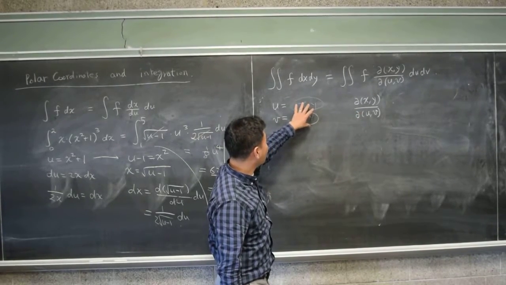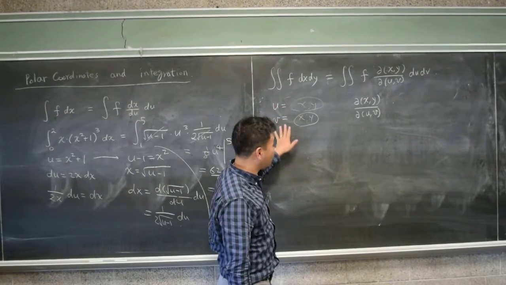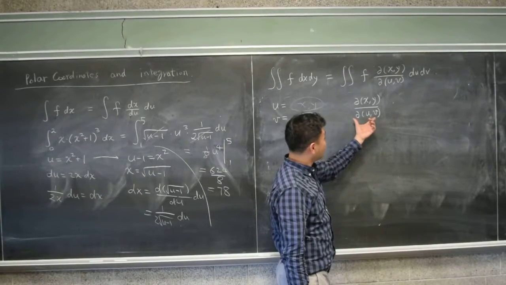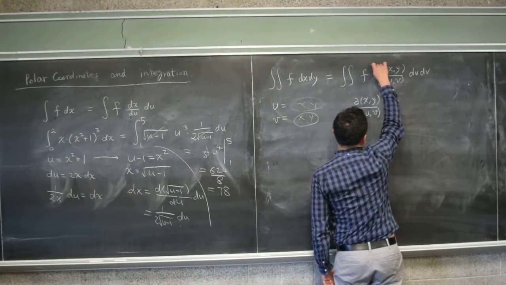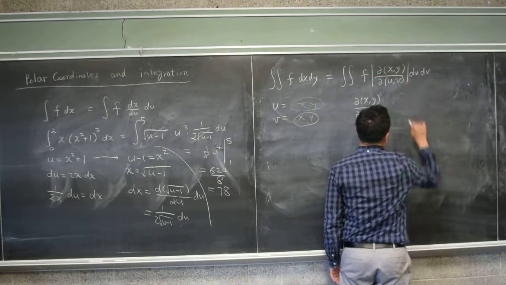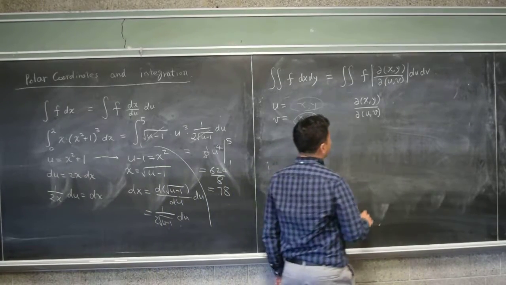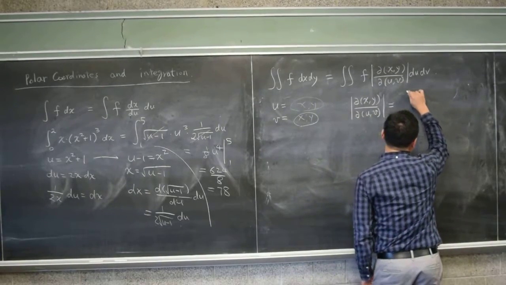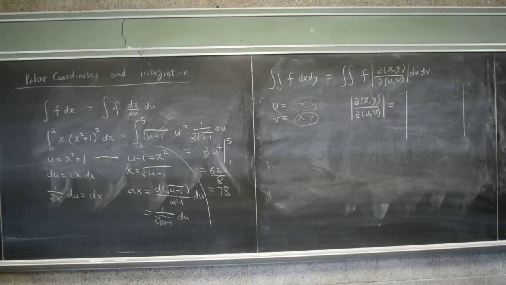First, you have to solve for x and y, so you have to write down x and y as functions of u and v. And once you have it that way, then this thing is actually the determinant of all possible partial derivatives.